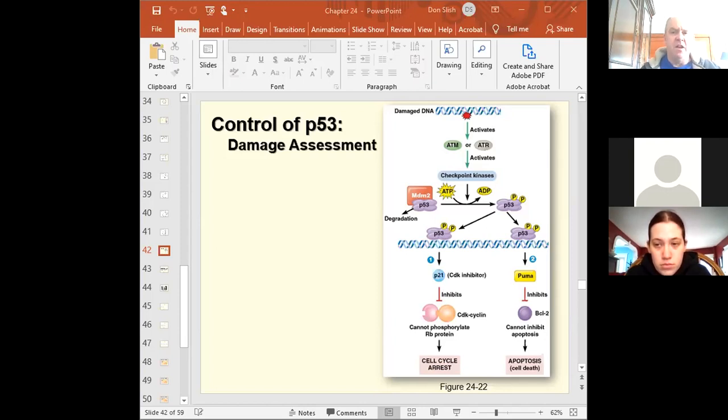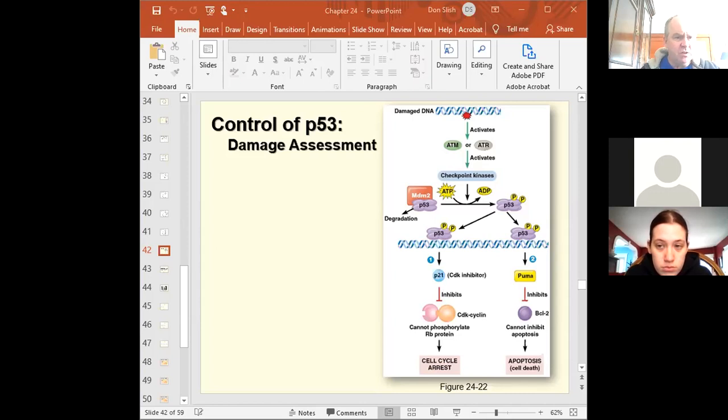And the kind of damage it protects against is really large scale kind of changes like single strand DNA breaks, double strand DNA breaks, and some chemicals can cause this. Radiation is a really common cause of double and single strand breaks.